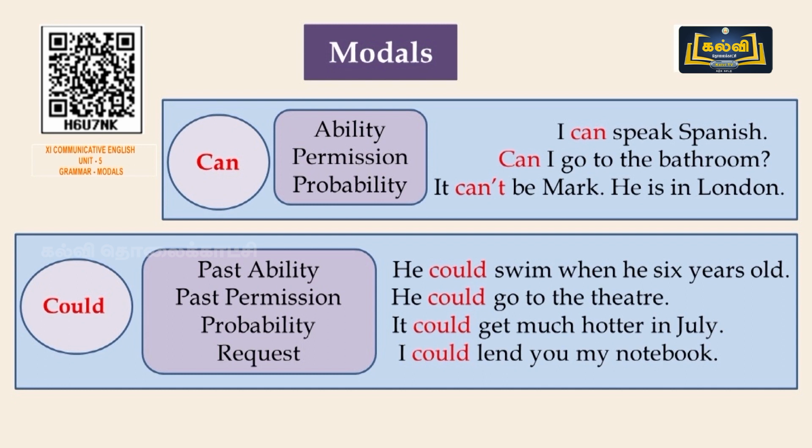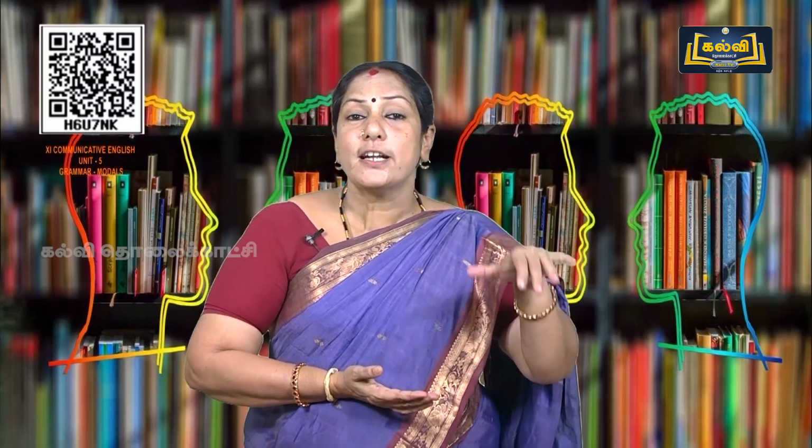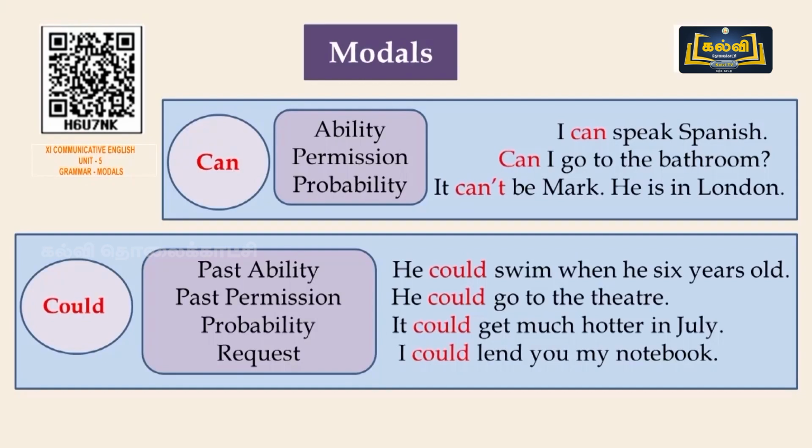He could swim when he was 6 years old. This could is the past form of can. He could go to the theater. It could get much hotter in July. I could lend you my notebook.